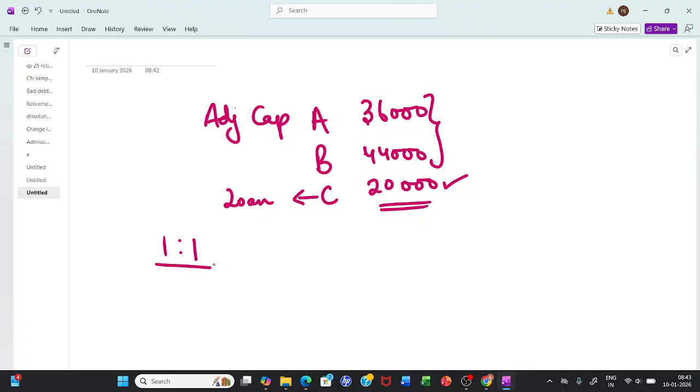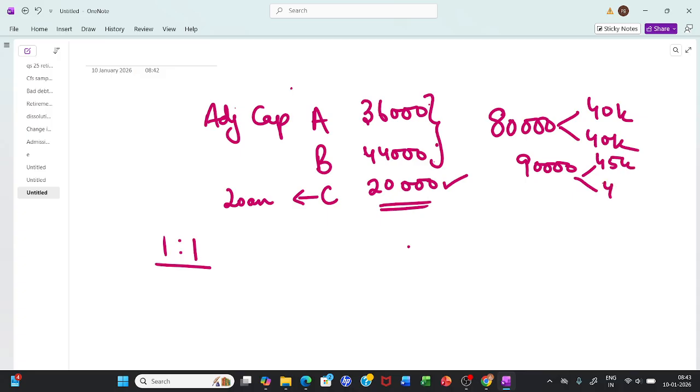So what they will do is adjust these two capitals. They will divide 80,000 equally, 40,000 each. That's one possibility. Another possibility is it is told that capital of the new firm is to be fixed at 90,000. A certain amount will be given and they will be sharing it equally. So it becomes 45 and 45 as their new capital.